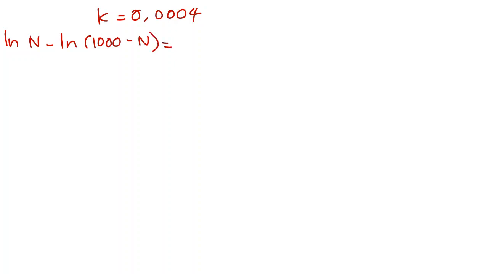When your k here equals 0.0004, then the equation will be ln n minus ln 1000 minus n equals 1000 times k t plus c minus ln 999.